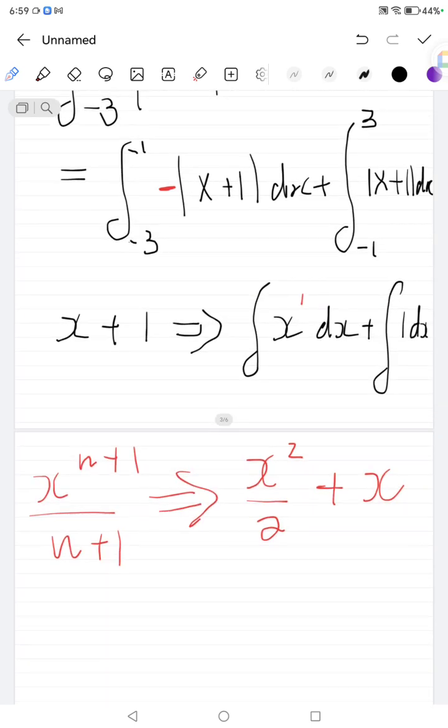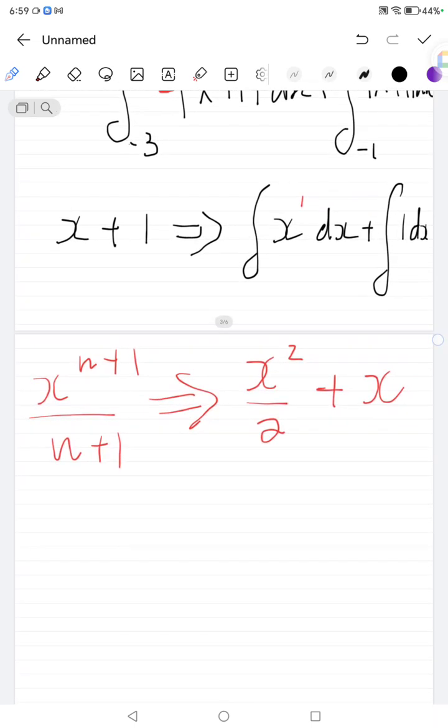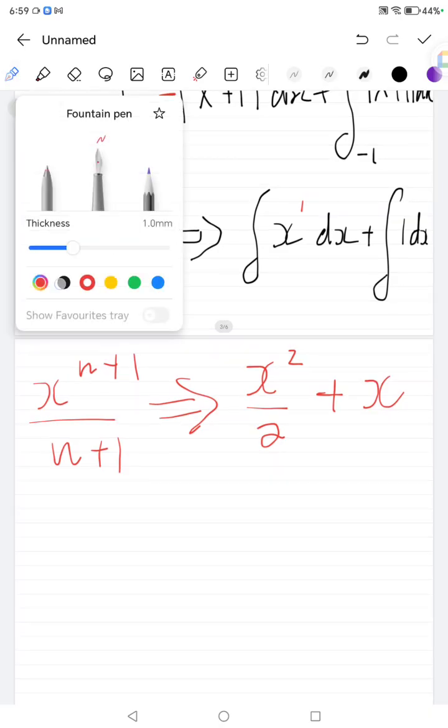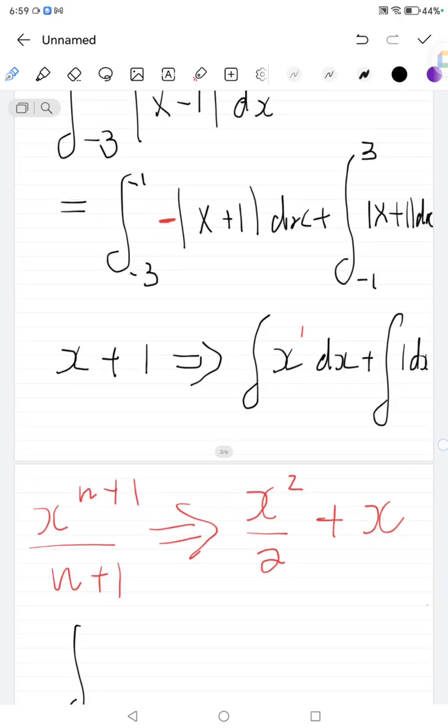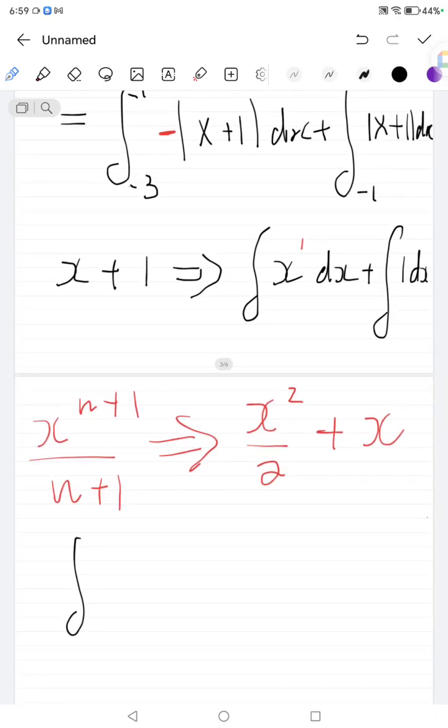Okay, let's write that one again at the top. Let me write it in a way that it's going to be faster.